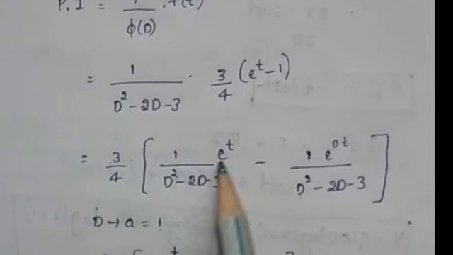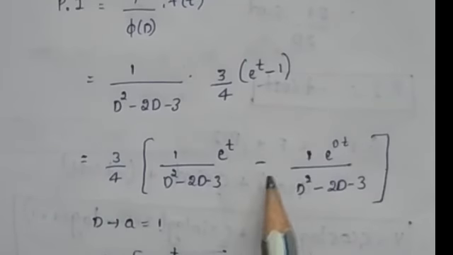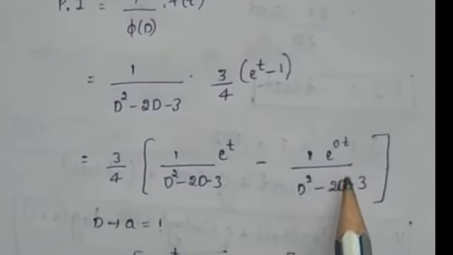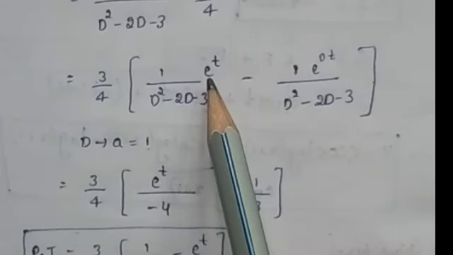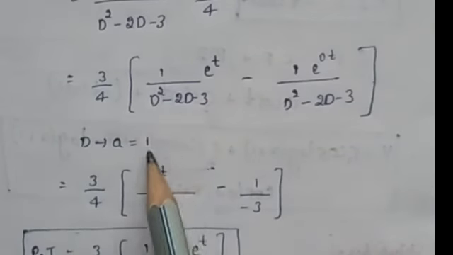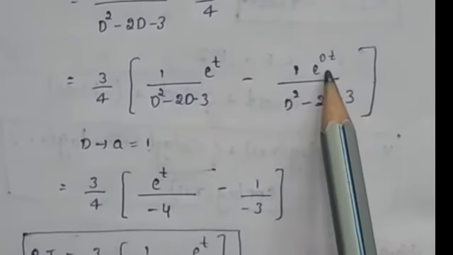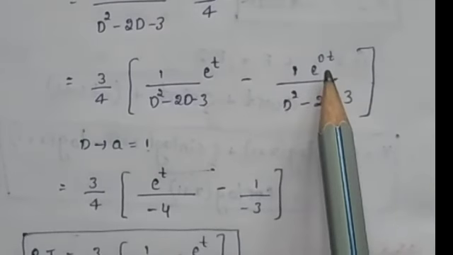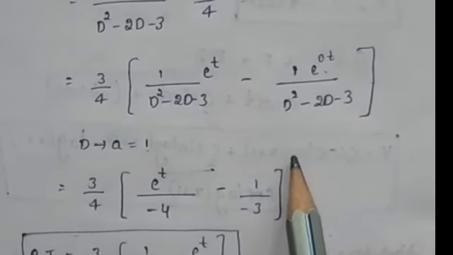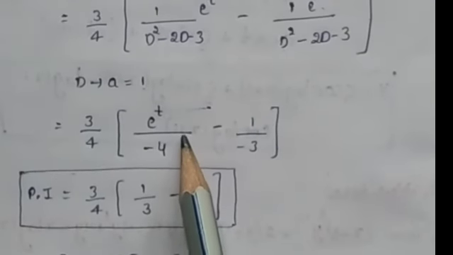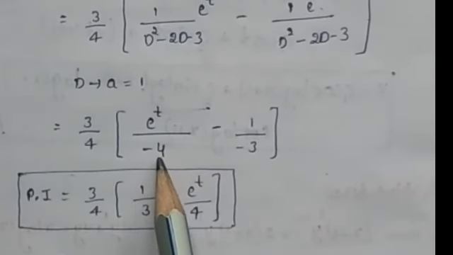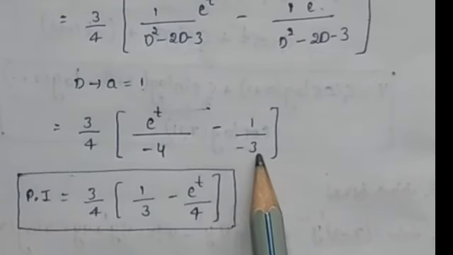You get 3 by 4 into e power t by d square minus 2d minus 3 minus 1 into e power 0t by d square minus 2d minus 3, each of the form e power ax. So we replace d by a value, which is 1 for the first one, and in this case d is replaced by 0. So you get 3 by 4 into e power t by minus 4 minus 1 by minus 3.